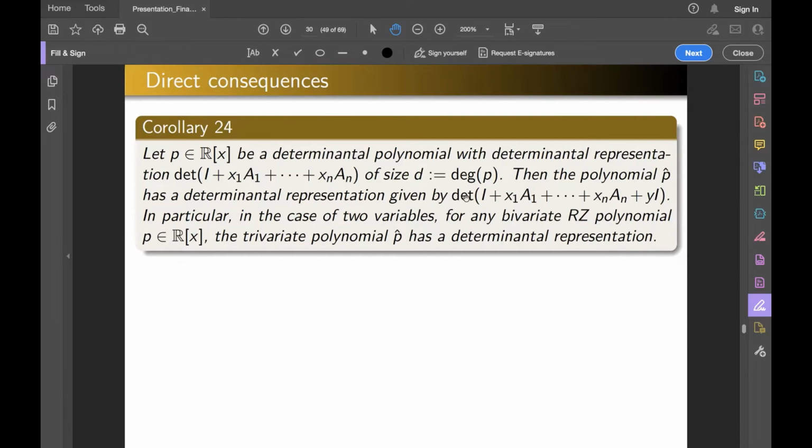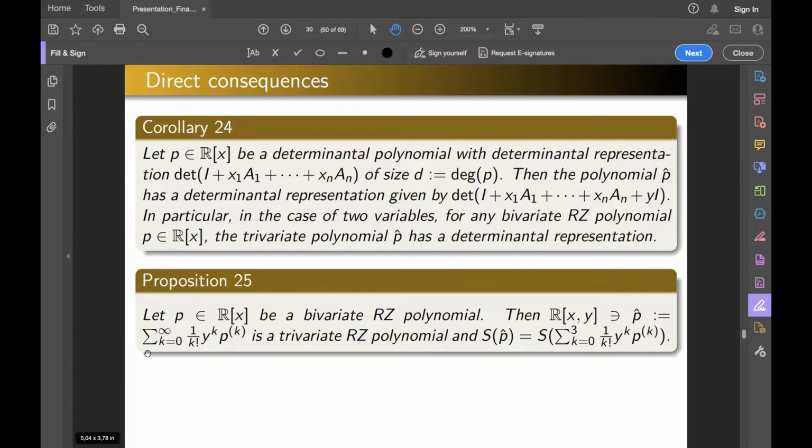Its determinantal representation is easily obtained from the determinantal representation of p: you just add the term y multiplied by the identity. So that means that this polynomial is going to behave well in this case.